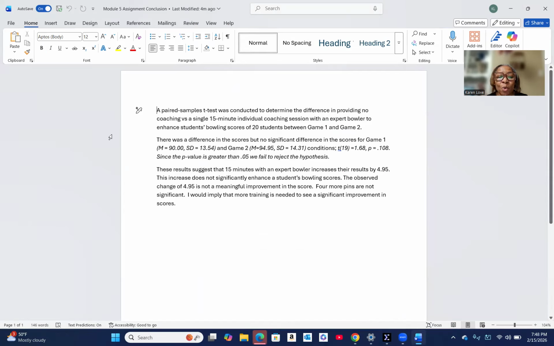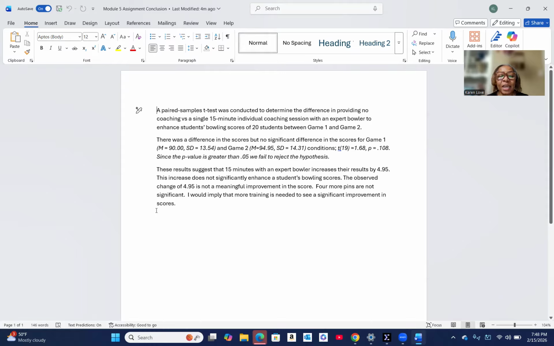Game 1 had a mean of 90.00 and a standard deviation of 13.54, with game 2 having a mean of 94.95 and a standard deviation of 14.31. The t-value with 19 degrees of freedom was 1.68, with a p-value of 0.108. Since the p-value is greater than 0.05, we fail to reject the hypothesis.